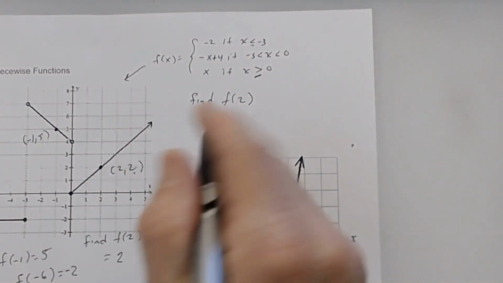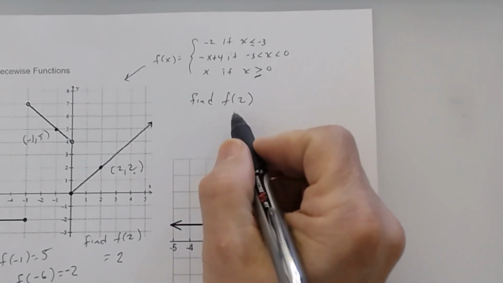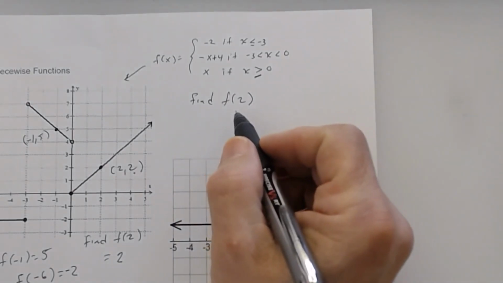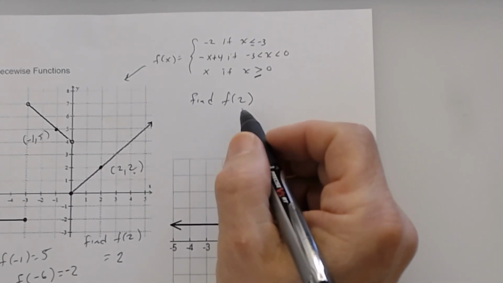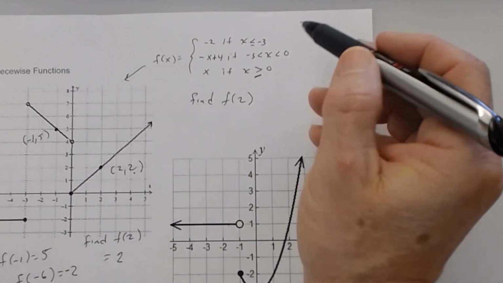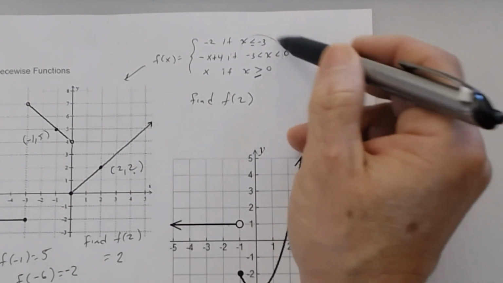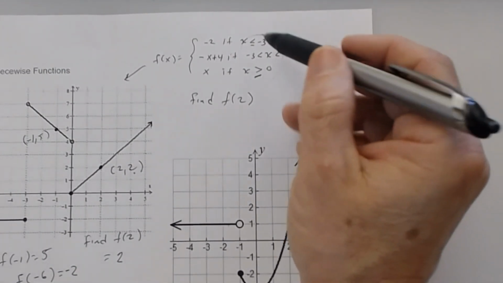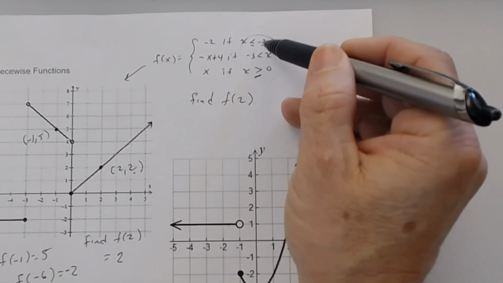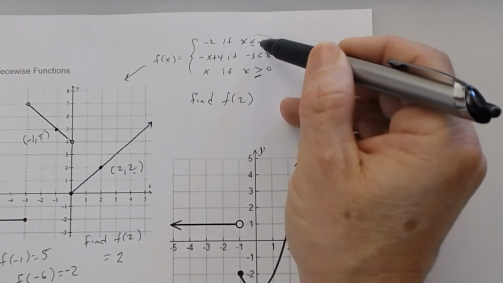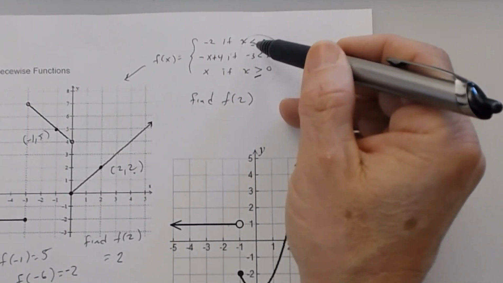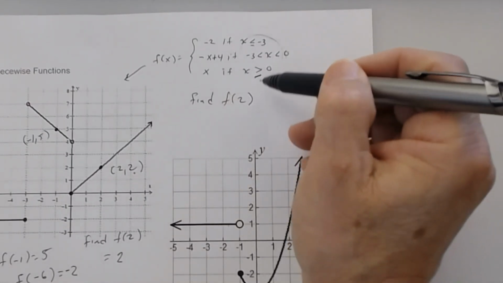All right, now here's the thing. What is x in this case? 2. Okay, so 2. So what you've got to do next is find where in these domains x equals 2 is. Is 2 here? No, because that says I've got to use numbers that are less than or equal to negative 3.